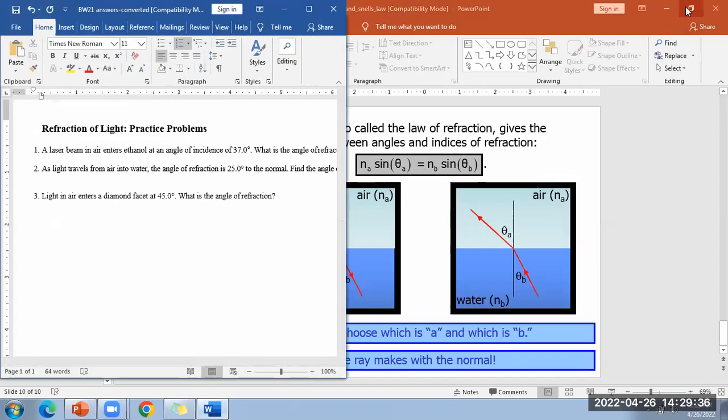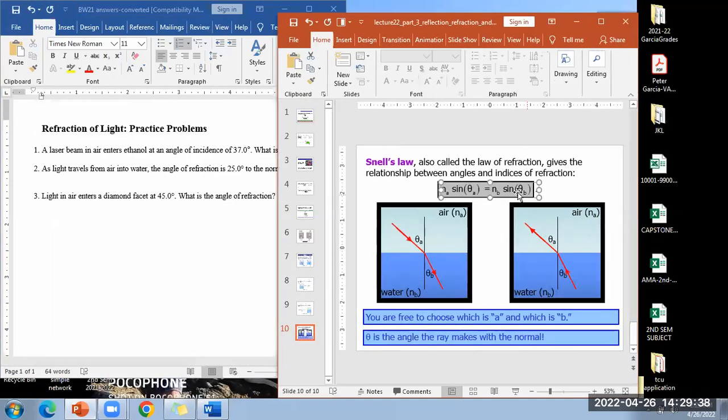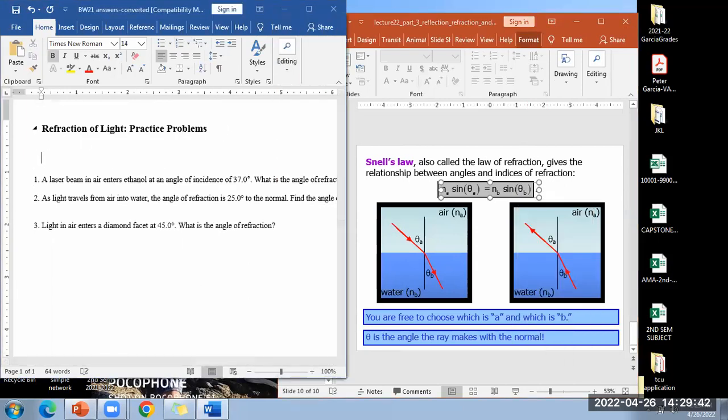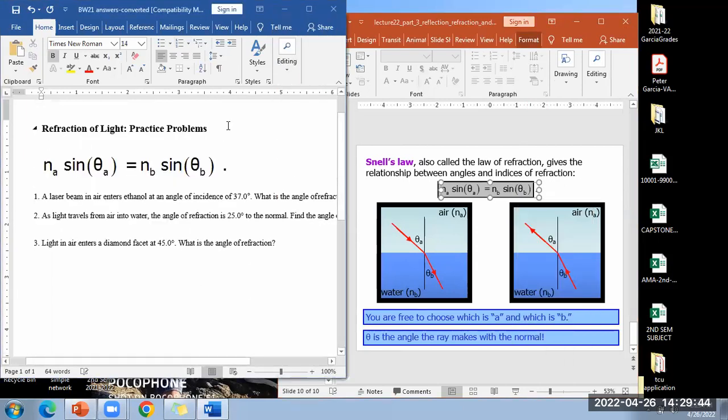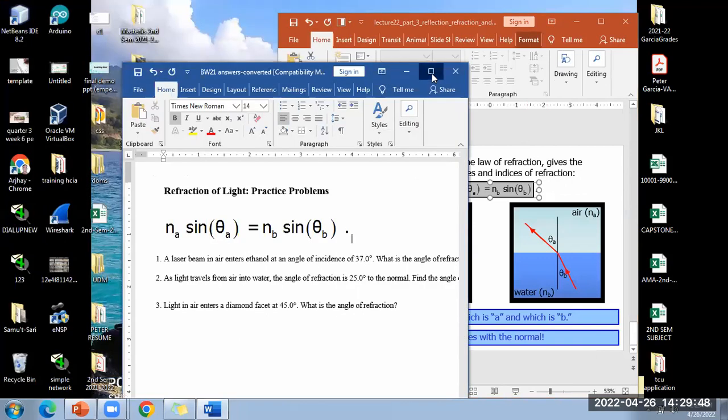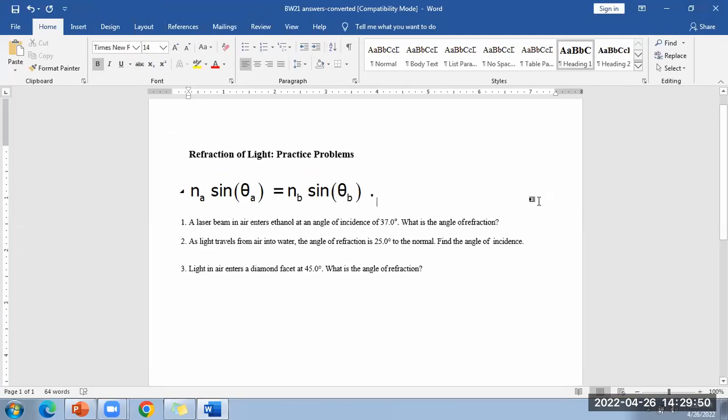So using the formula, n_A sine angle A is equivalent to n_B sine angle B, hanapin natin yung angle of refraction. So for example, sa number 1, handa yung calculator ha.